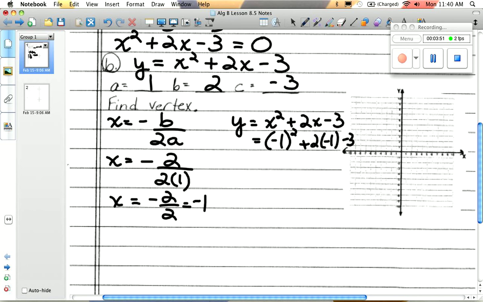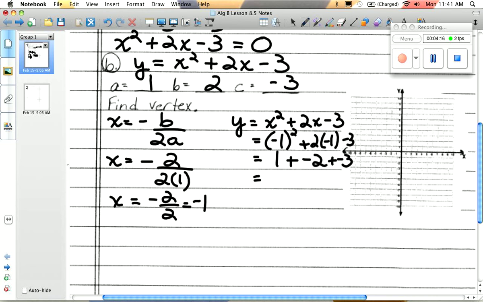And we have another place to substitute our -1. So -1 squared is, what is -1 squared, class? You don't need a calculator for this. +1. What's 2 times -1? -2. And we can change that to add the opposite, so we have plus a -3.